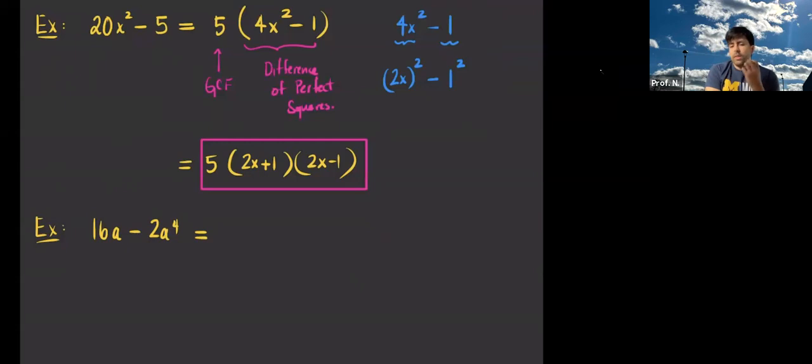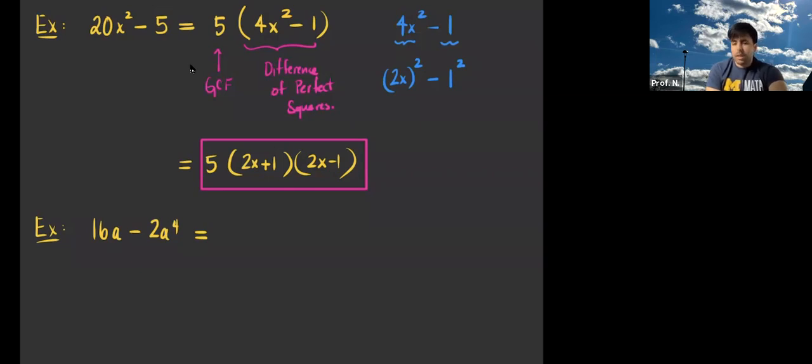What's the first thing, like I said, that we can factor? What did we do in the first one? We factored out the GCF. So what is the GCF among 16a and 2a to the fourth? A 2, but is that the GCF?